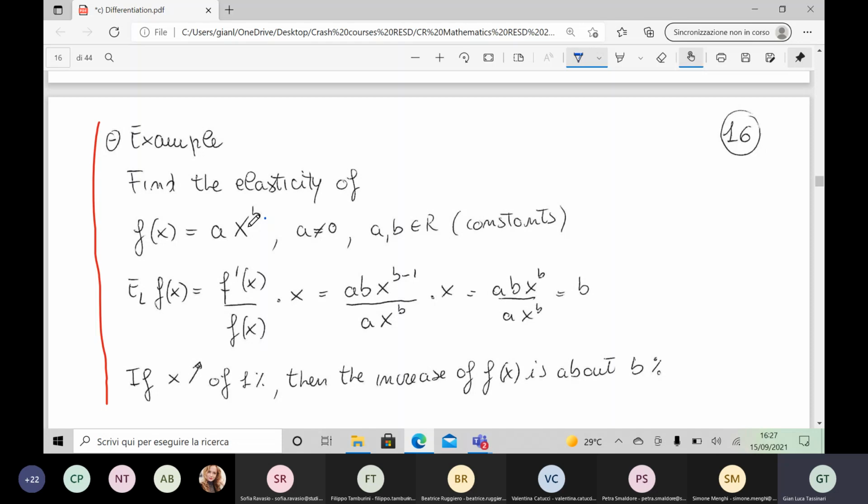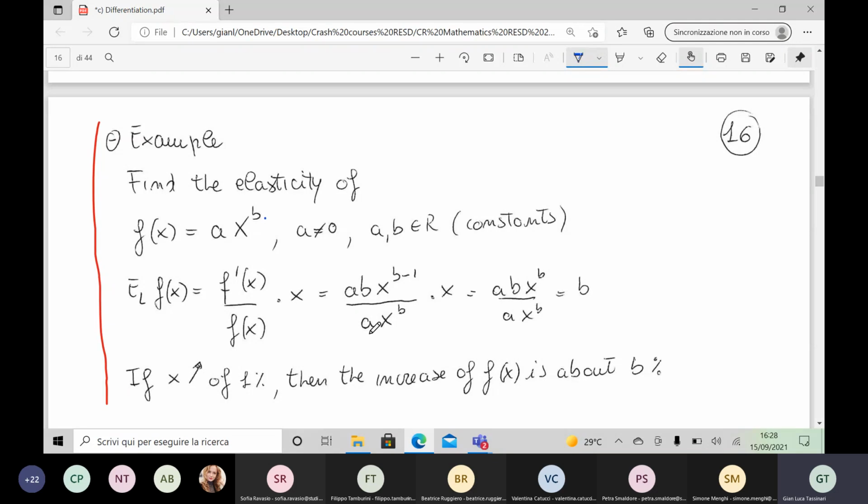So apply the definition. The elasticity is given by f prime of x over f of x, which is the relative instantaneous growth rate function, times x. So which is f prime of x? Compute the derivative with me. a is a multiplicative constant, copy it. x to the power b is a power function. Remember the derivative of x to the power alpha: it's alpha, in this case b, times x to the power alpha minus 1, so x to the power b minus 1. Divided by f of x itself, so copy a x to the power b.